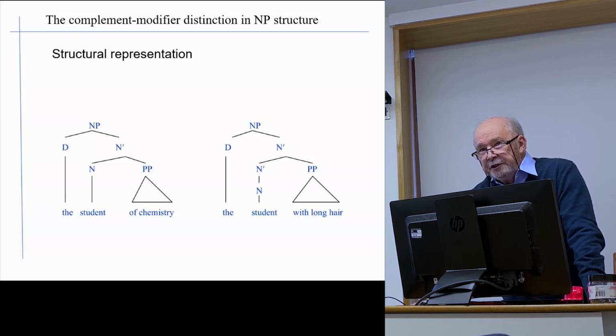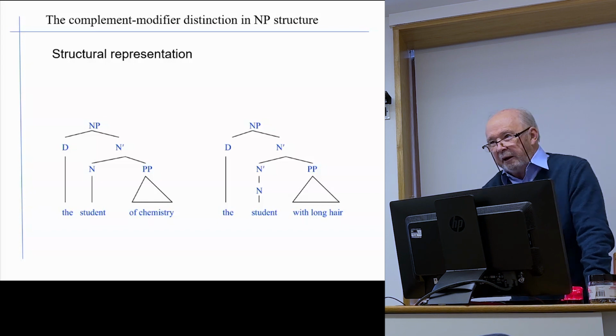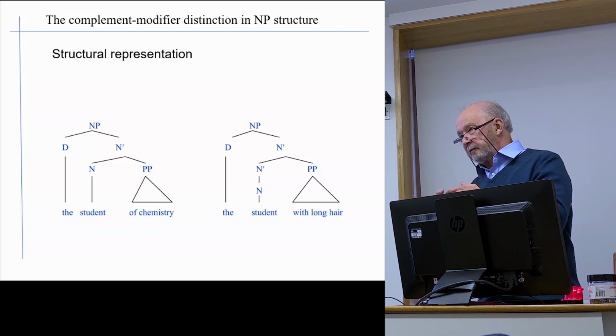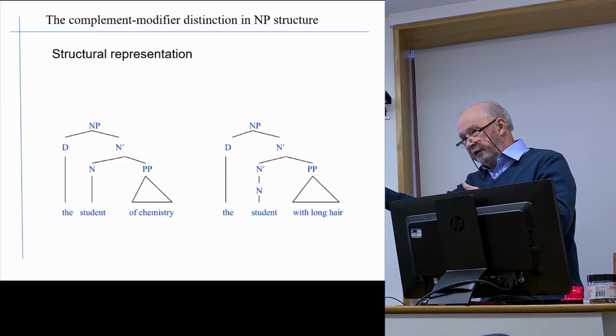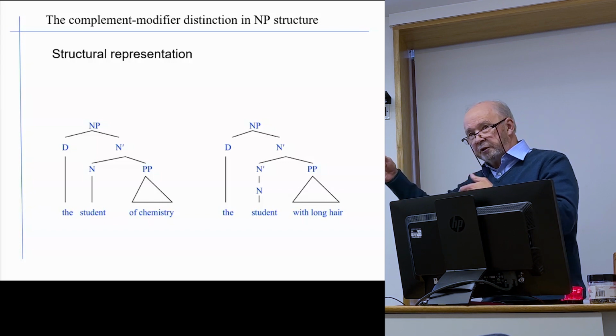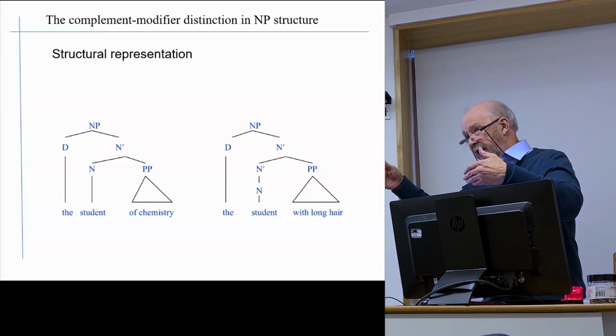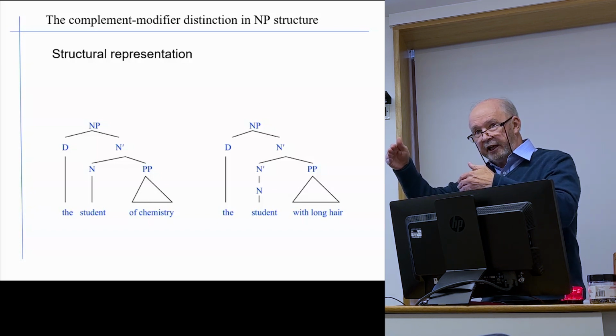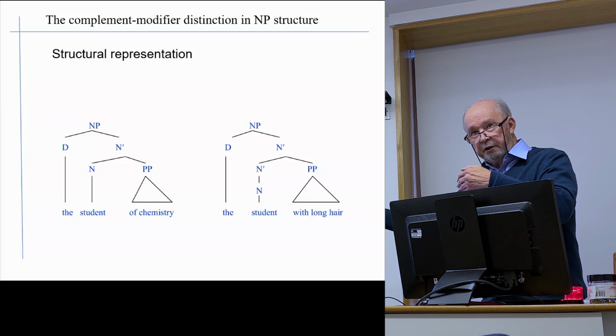This is something that we changed in the Cambridge Grammar of the English Language by only having a category nom, which basically does away with the N bar level. And a nom can sit above both a head noun and a complement, or it can sit above a head noun and a modifier.